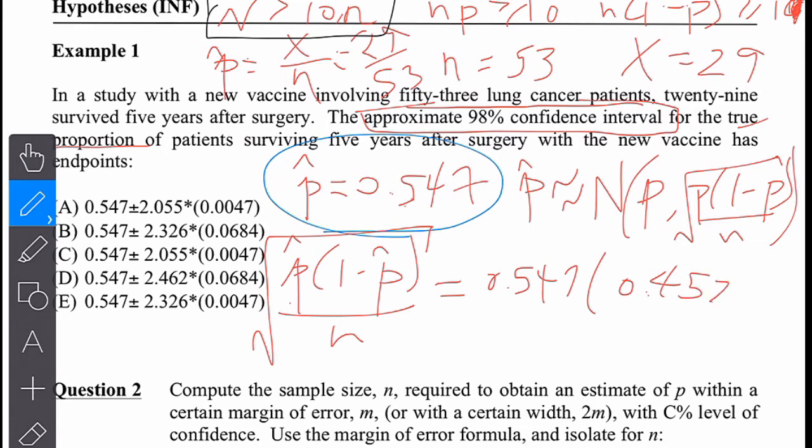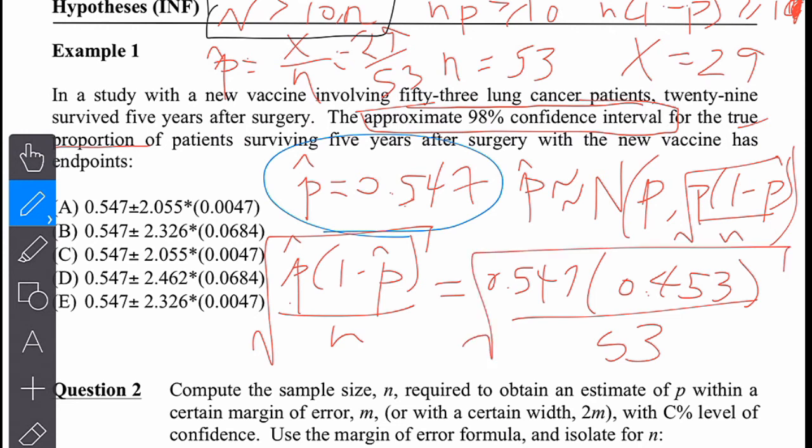Actually, sorry, I'm going to take the rounded value and make this a 3. Divided by 53 with a square root around it.